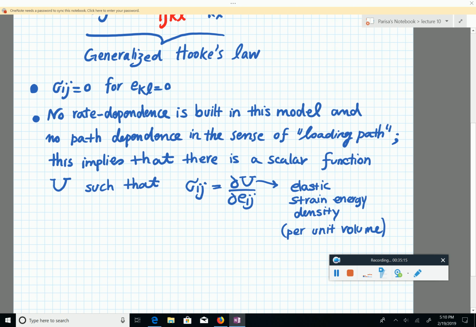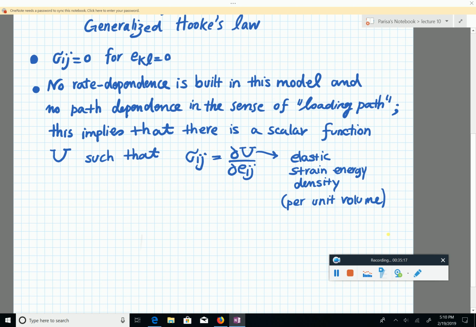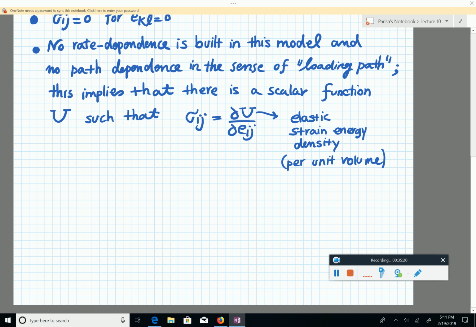Okay. I write this as one equation because we need that later on. I give it an asterisk.